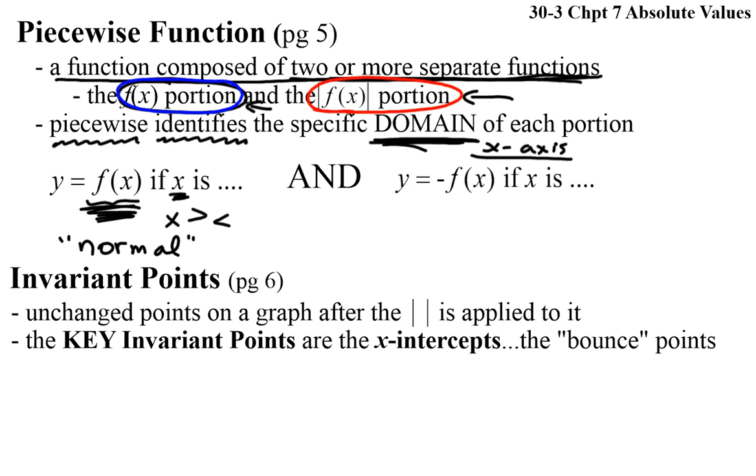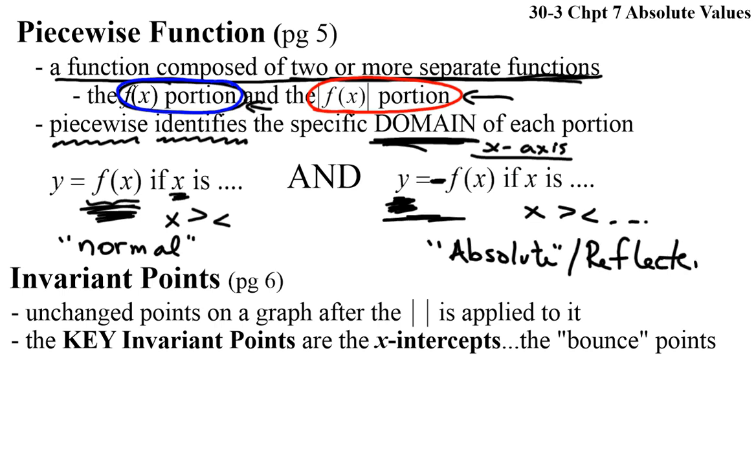But then we have the second part of the graph, where y becomes the negative of the function to make it positive, the absolute part, if x is less than, greater than something. This identifies the absolute, or reflected, part of the graph that's new. So we need to see what part of the x-axis creates each particular portion.